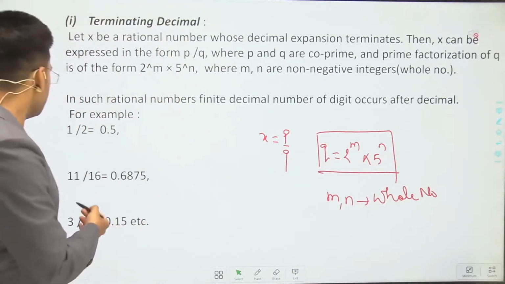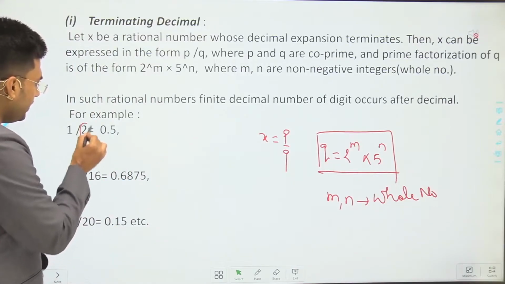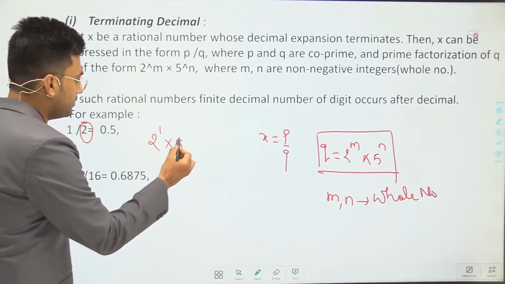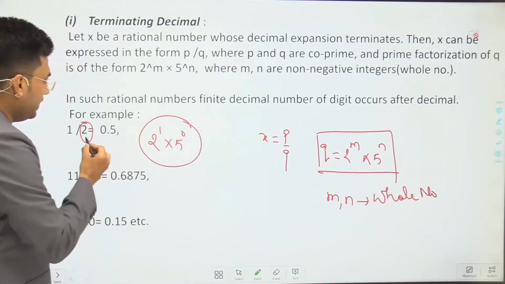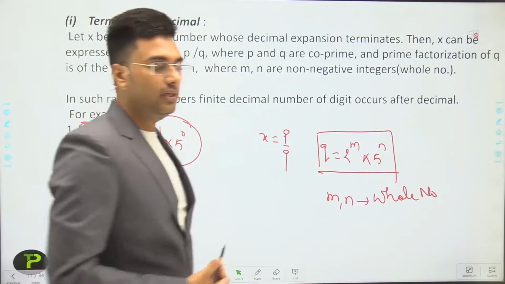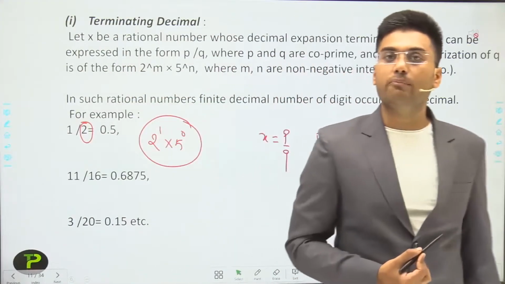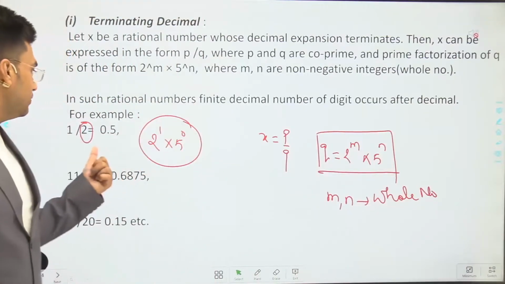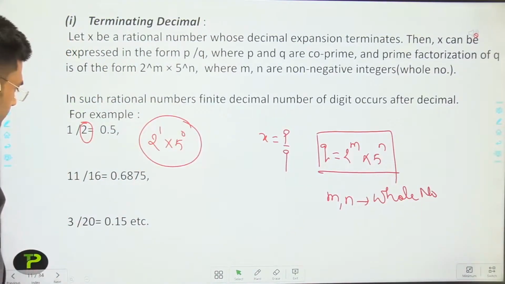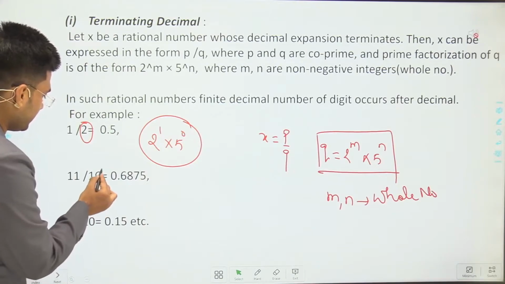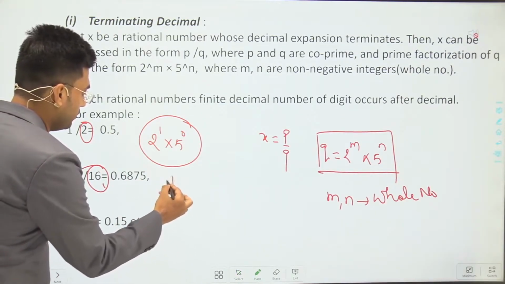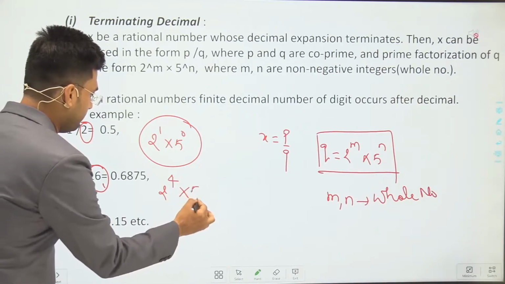For example, 1 by 2. Here the denominator is 2, so we can write it as 2 power 1 multiplied by 5 power 0. So it is a terminating decimal and the value of this is 0.5. Now 11 by 16. Here we can write 16 as 2 power 4 multiplied by 5 power 0.